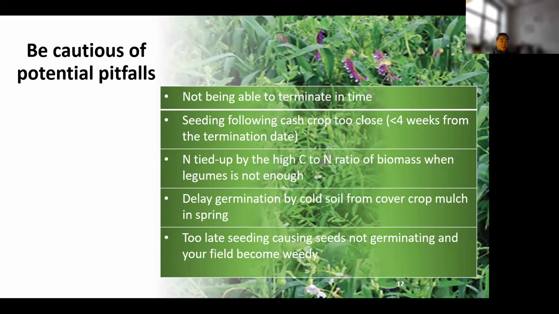And the other one is seeding too late, causing seeds not to germinate and your field to become weedy. That is easily understandable. If those seeds don't access soil moisture, particularly if you seed late and the soil is dry, those seeds will sit there.